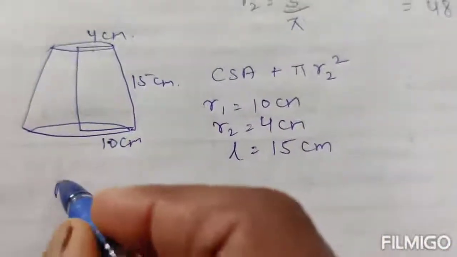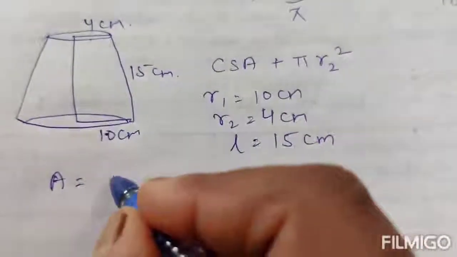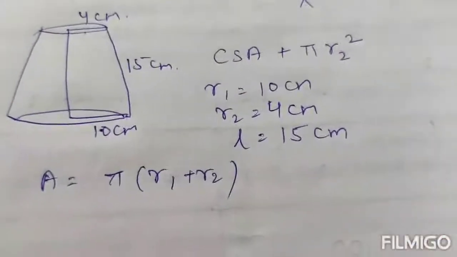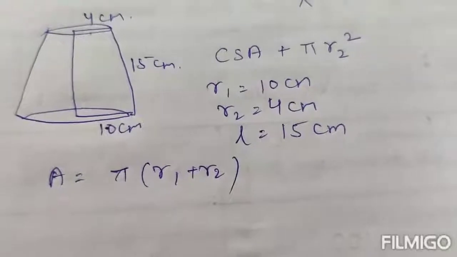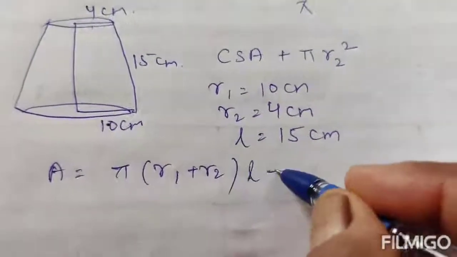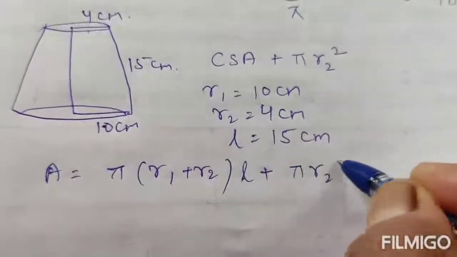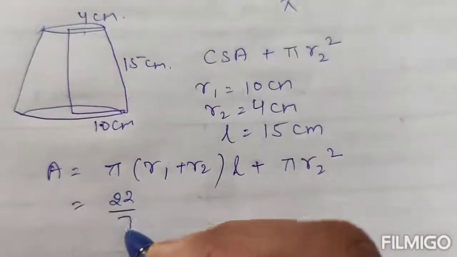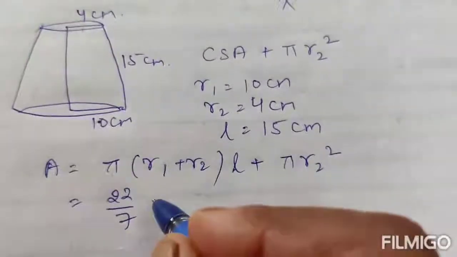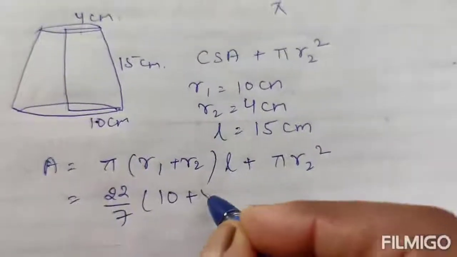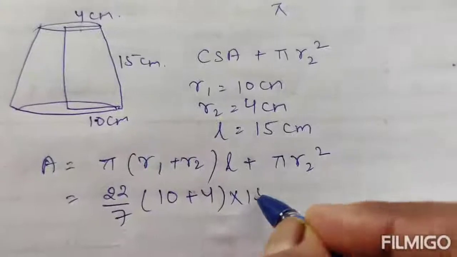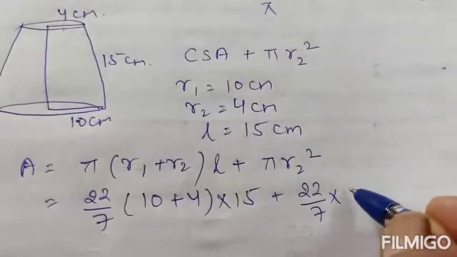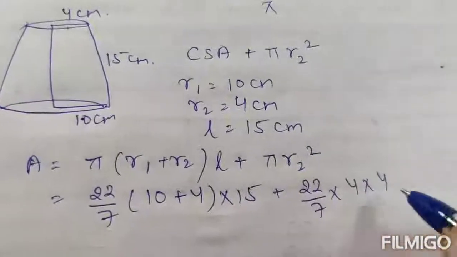Total area required for making the cap is pi r1 plus r2 into L plus pi R2 square. Pi is 22 by 7. R1 plus R2 is 10 plus 4, which is 14, into L which is 15, plus pi R2 square, meaning 4 into 4.